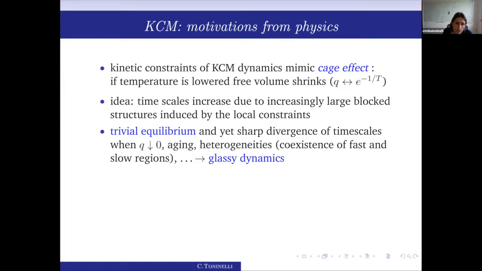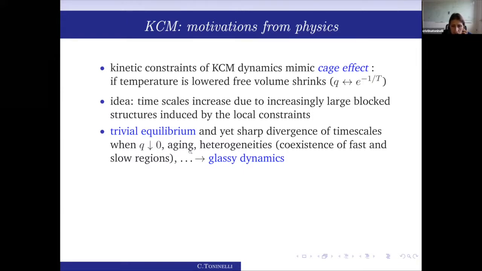And in fact, the reason why this model continued to be studied is that numerical simulations immediately show that these models, for proper choices of the constraints, display a divergence of time scales when the density of empty sites is decreased, which is very reminiscent of the experimental data.